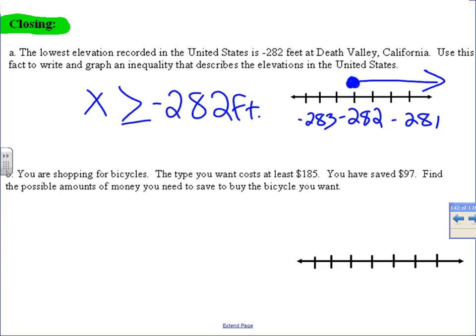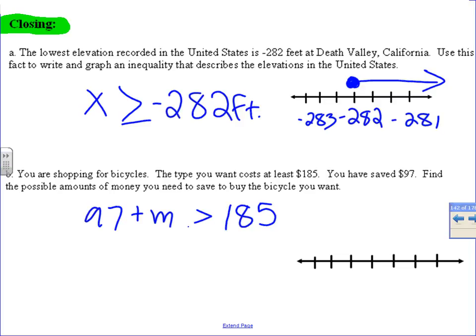You didn't get that one? Mary? You're close. It costs at least. So the type of bike that you want costs at least. That's what you said. You said less than or equal to.